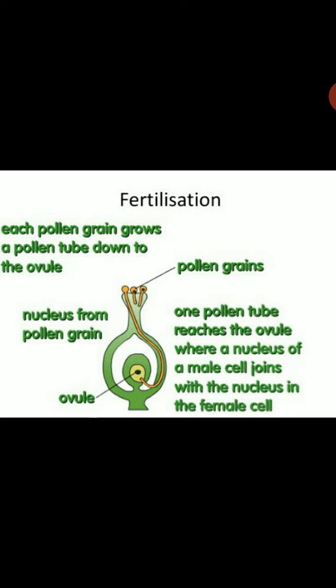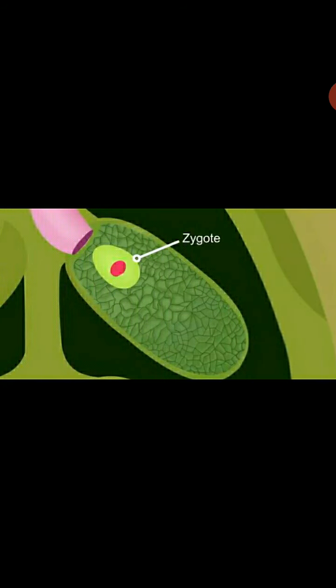Fertilization occurs when the male gametes present in the pollen grains join with the female gamete or egg present in the ovule. The male gamete of pollen combines with the nucleus of the female gamete egg present in the ovule to form a fertilized egg. This fertilized egg is called a zygote.